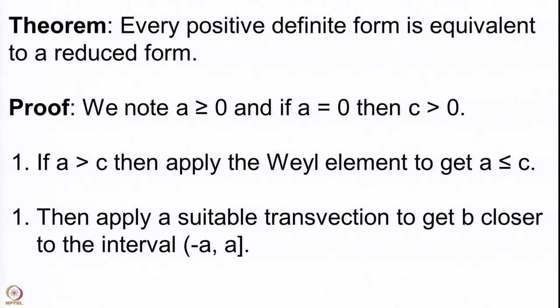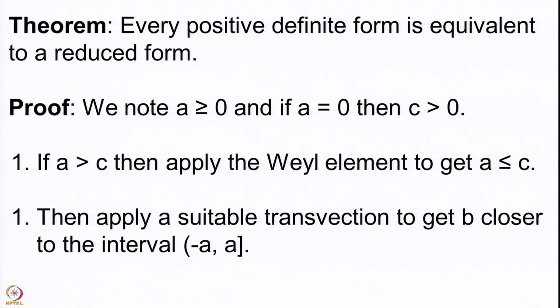So, the round bracket signifies that we are not taking minus A, it is an open interval, and the closed bracket signifies that that is a closed interval. So, we are allowing A, but we are not allowing minus A. So, we will actually start with minus A plus 1 towards A. So, these are all the integers that are allowed.